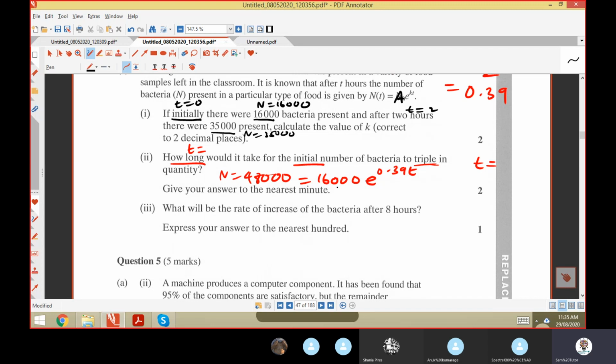Part II, do the same thing, divide by 16,000. So you should get 3 equals E to the 0.39t. Log both sides, divide by 0.39. What's your answer to the nearest minute?